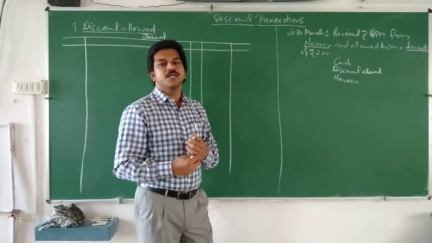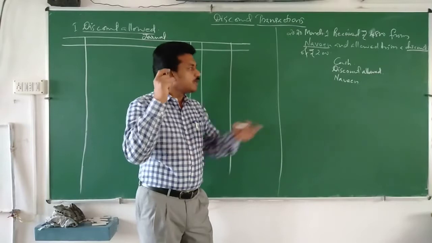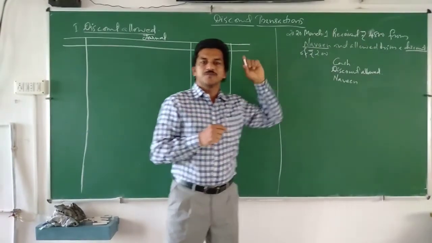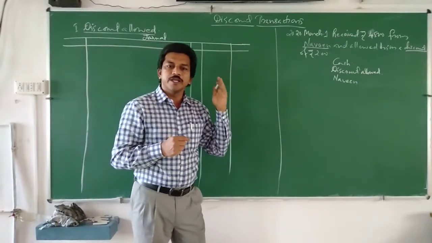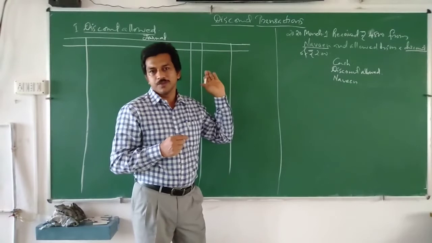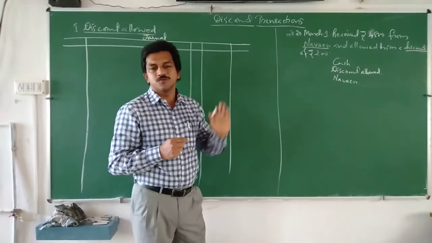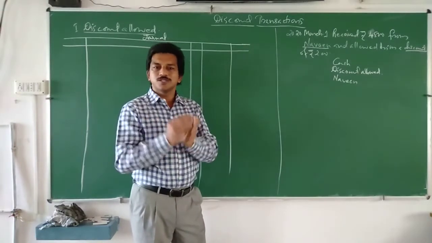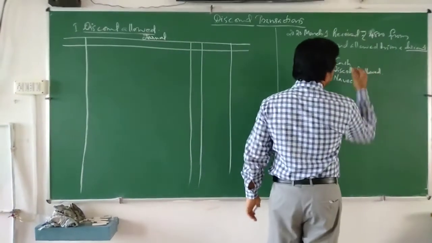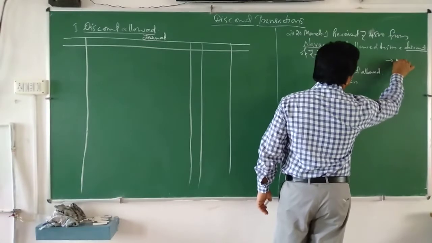No. Allowing discount means he actually had to pay 5,000 rupees. But we told him that you pay only 4,800. That's why he gave 4,800 only. So cash, how much we received? 4,800. So cash received, debit what comes in, cash can be debited.